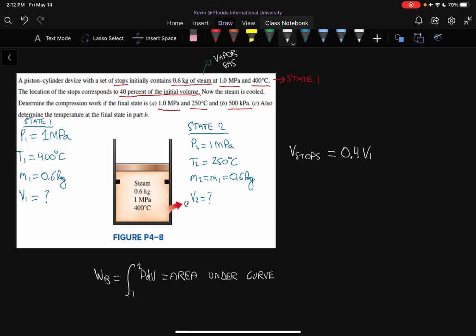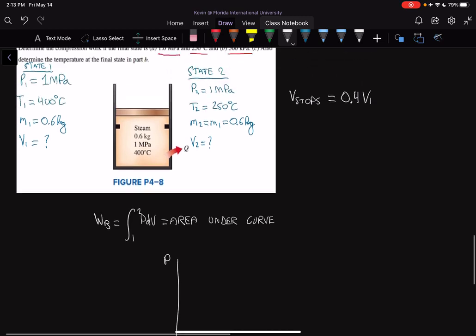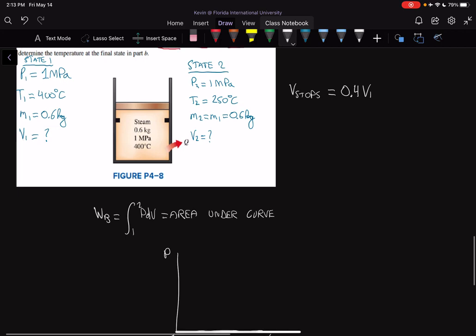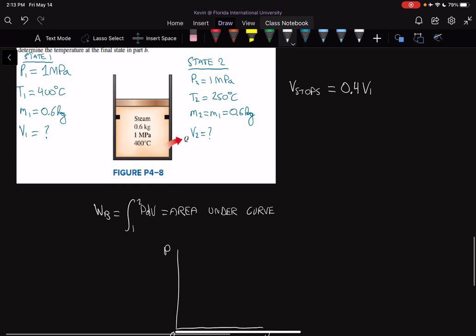So that means that we need some sort of PV diagram in order to figure it out. In this case, we know that from pressure 1 to pressure 2, we have the same pressure. So the pressure stays constant between state 1 and state 2. So it's going to be pretty simple. We know that P2 is equal to P1.